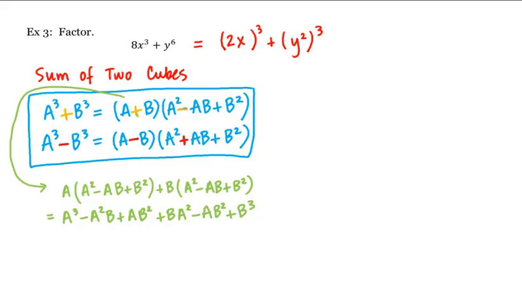And the minus a squared b and plus a squared b will cancel, as well as the ab squared and minus ab squared. And we're left with the left-hand side of our formula, a cubed plus b cubed.